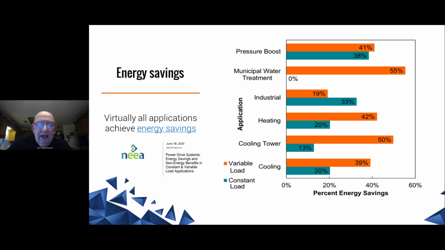So it's how it's used together with the motor and run at a different speed or load that is saving the energy. And that's the difference between variable torque applications and constant torque applications.